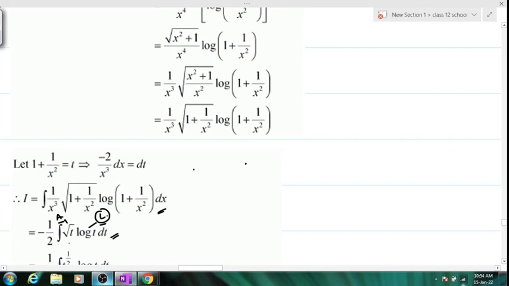By parts. LATE, log t as first function, minus 1 by 2 will be kept outside.